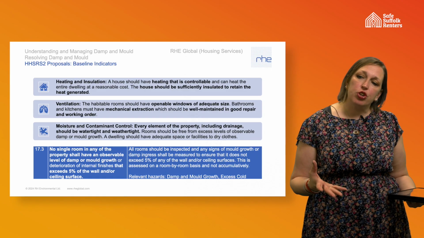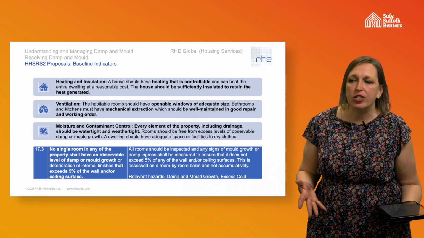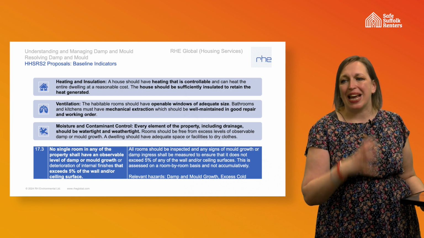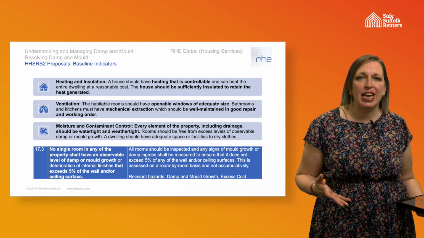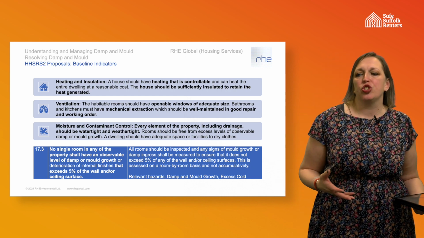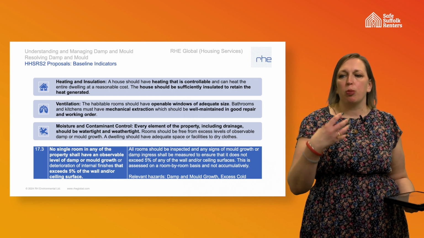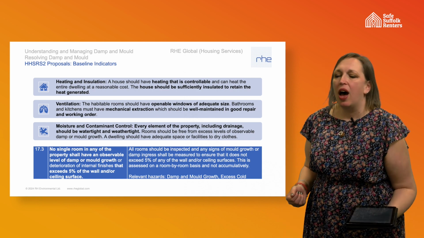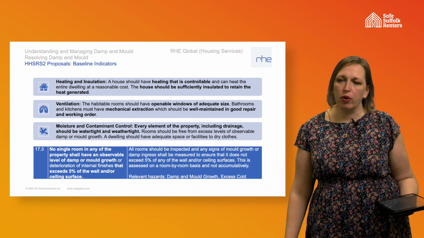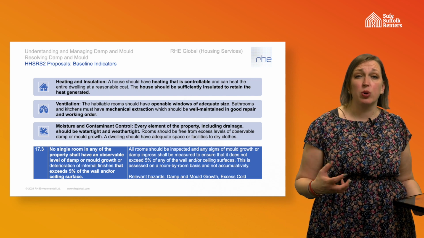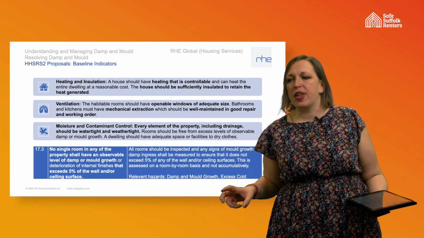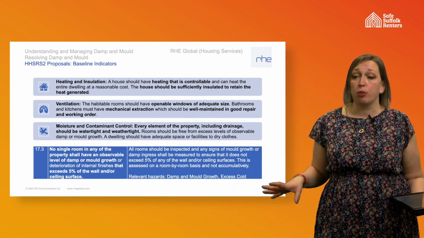In terms of ventilation, the habitable rooms should have openable windows of adequate size, and bathrooms and kitchens must have mechanical extraction, which should be well maintained, in good repair and working order. And in terms of moisture and contaminant control, we're expecting properties to be watertight and weathertight, and rooms to be free from excess levels of observable damp and mould growth, and for their dwelling to have adequate space or facilities to dry clothes.